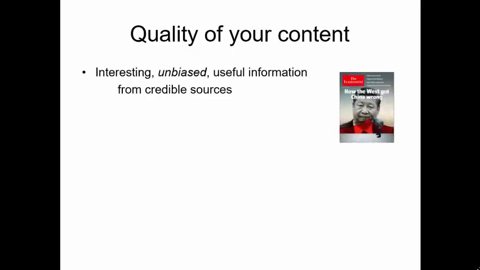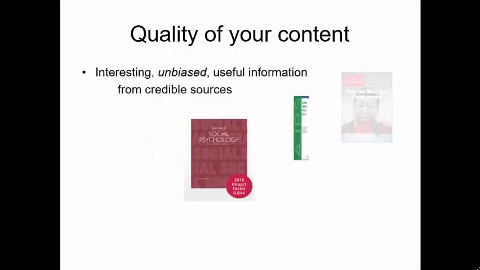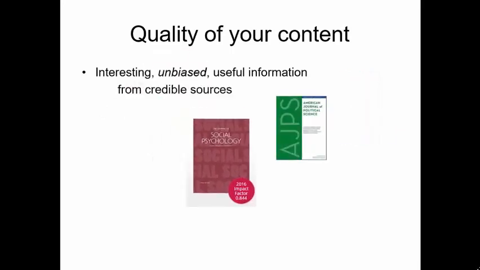All right, and the credible sources could be legitimate news sources. There's lots of them out there that we can find. And probably the most important part of your sources will be the peer-reviewed academic journals, of which there are thousands out there, depending on what topic you're writing about.